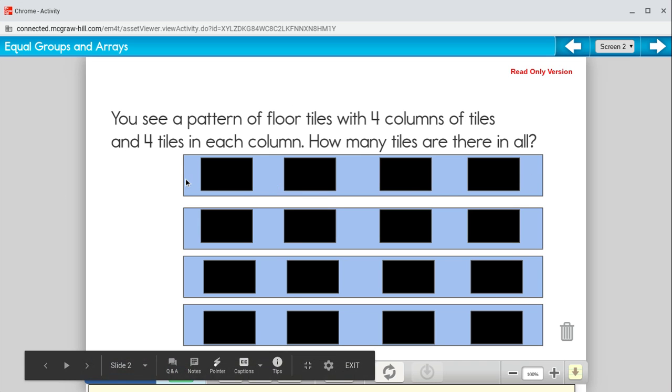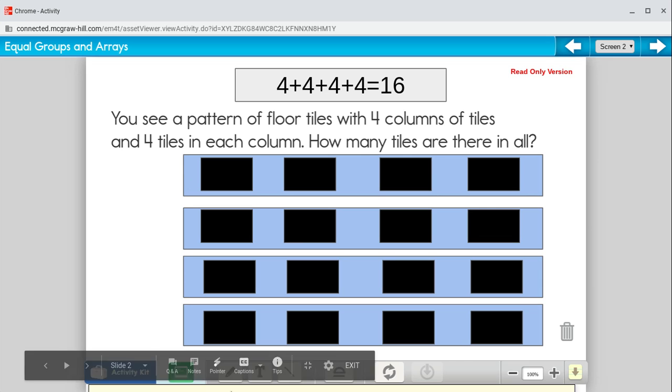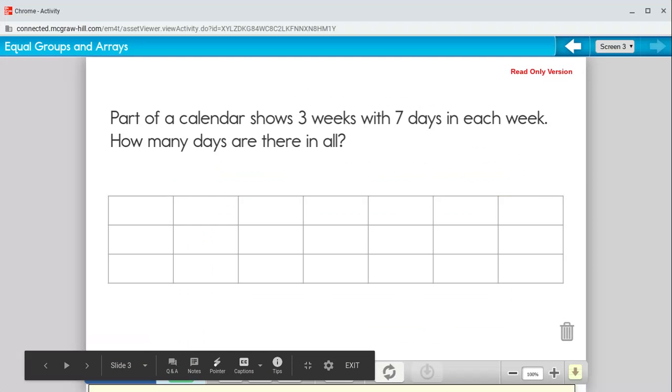Okay, because there are 4 columns and 4 tiles in each, it also gives us 4 rows of 4. Okay, so to solve this, I would be doing addition, but it's not 4 plus 4. The addition fact would be 4 plus 4 plus 4 plus 4 to get 16. Repeated addition.